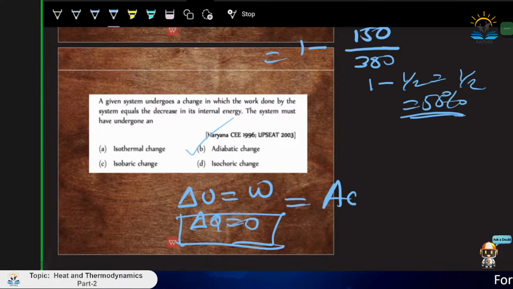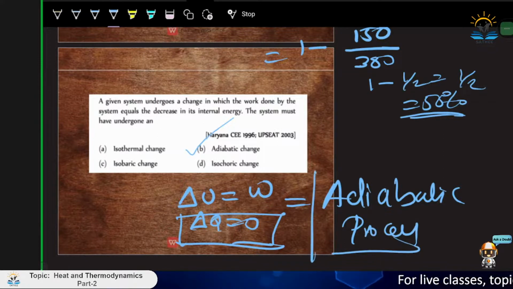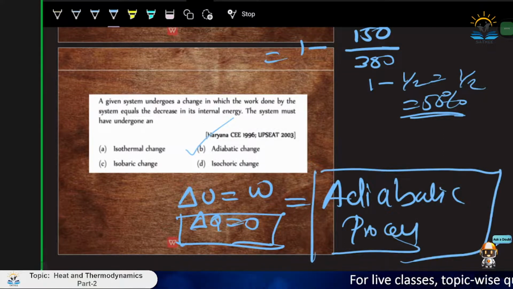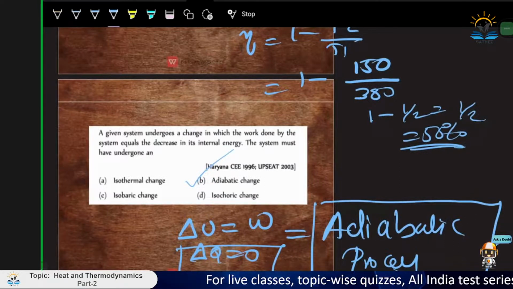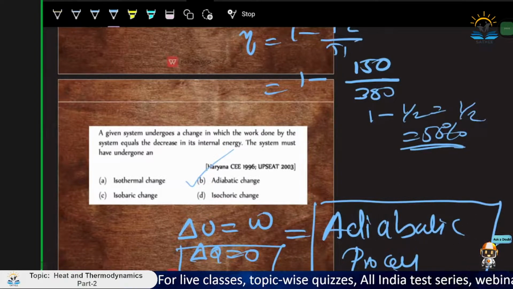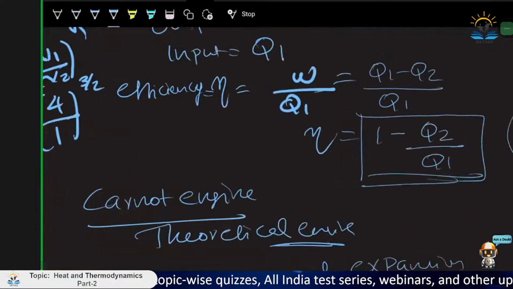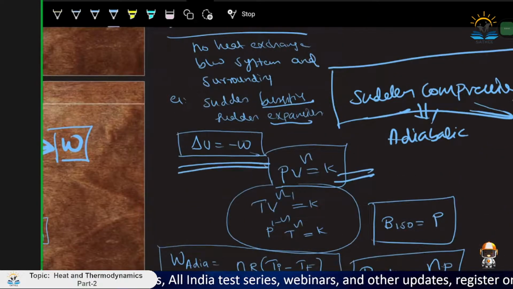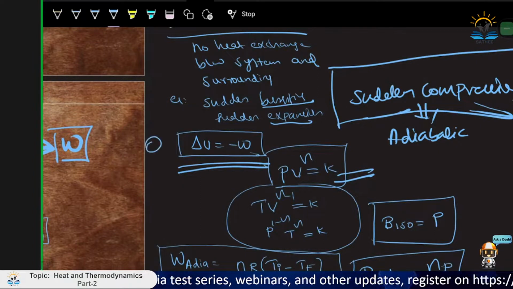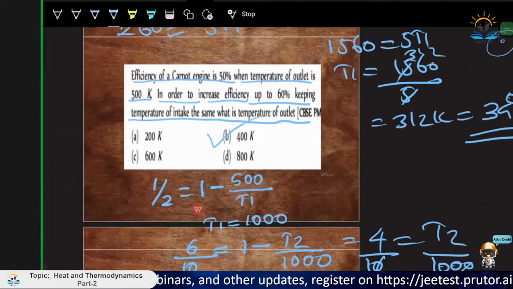So it is an adiabatic process. In an adiabatic process, as I already mentioned, delta U is equal to minus W, and Q is equal to 0.